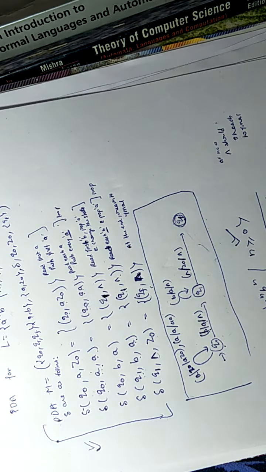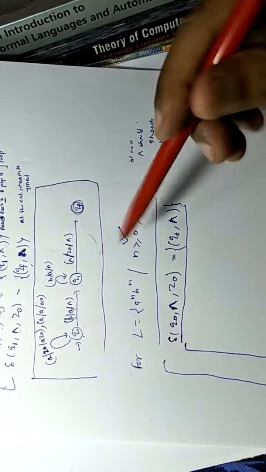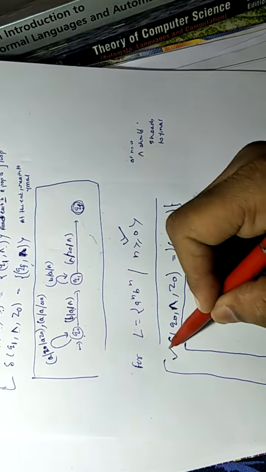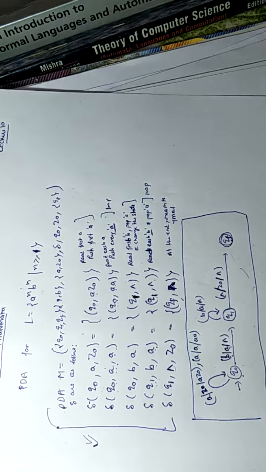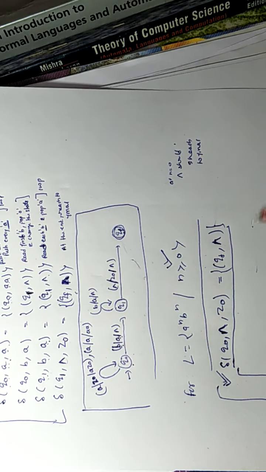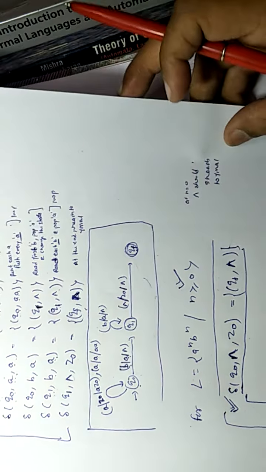We can leave it. So it is for n greater than or equal to 0, where we have to add this new transition along with this transition.